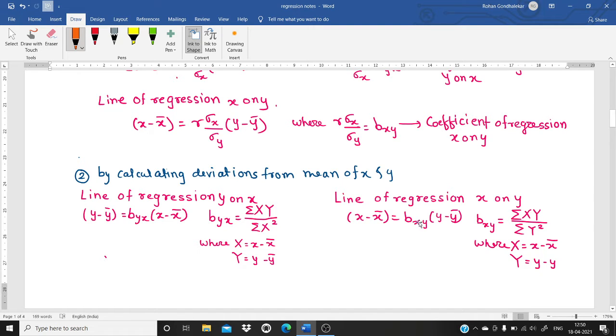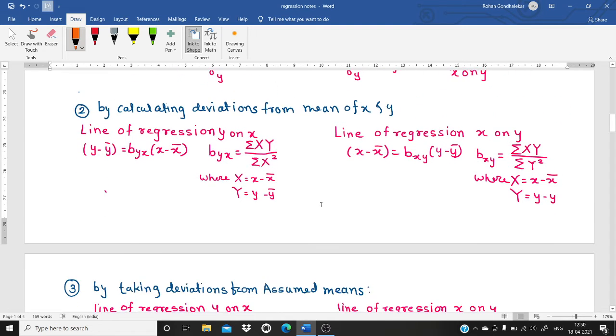Fine. The next method is by calculating the deviations from the mean of x and y. This formula we are going to use many times in our problem solving, because this is very simple. One more point I would like to relate with this. We have discussed in the correlation chapter, while dealing with the Karl Pearson coefficient of correlation, that in most cases we go with the deviation from the mean.